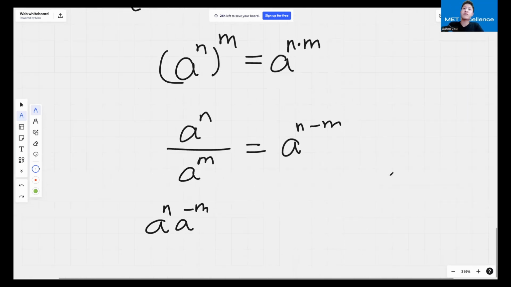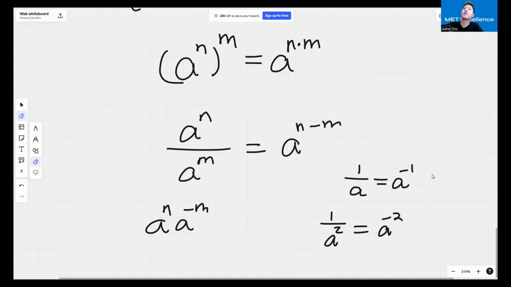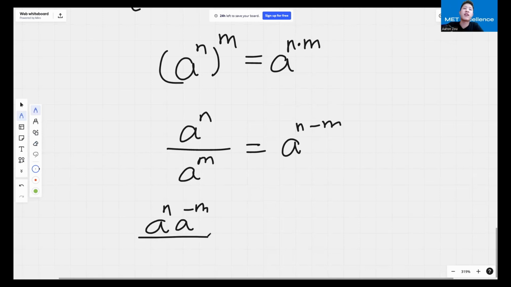So, for example, 1 over a equals a to the negative 1. 1 over a squared equals a to the negative 2. So if we have a to the n divided by a to the m, that's just a to the n times a to the negative m. And using the first rule, we know that it is this. So that's another rule to know.